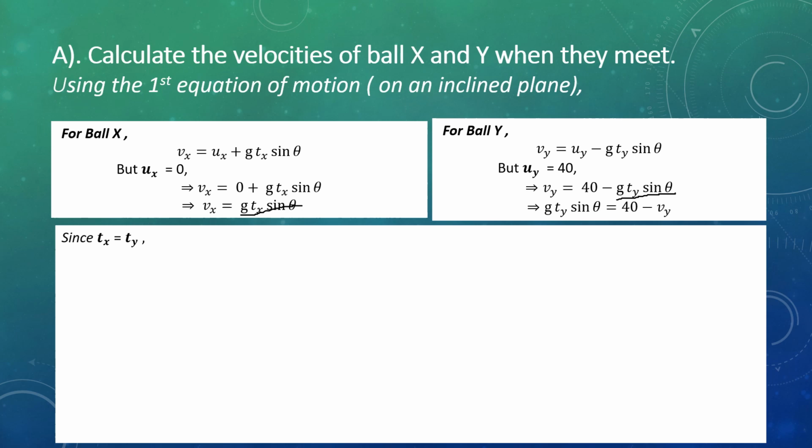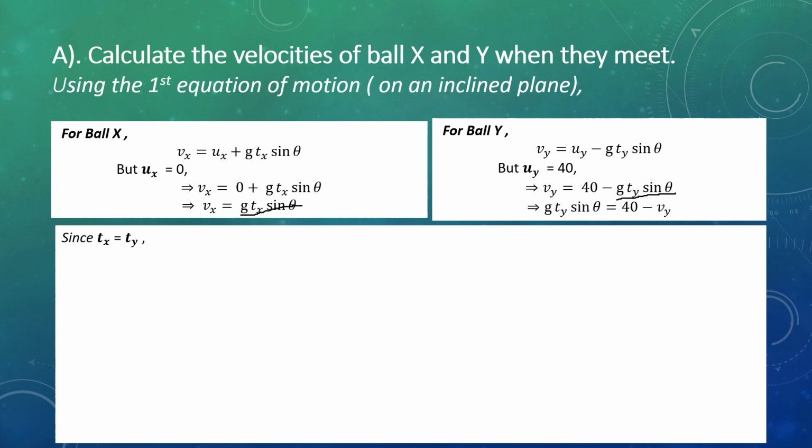Now, Tx is equal to Ty. Why do we say this? The time taken by both balls will be the same since they started their journey at the same time and they met at the same point.